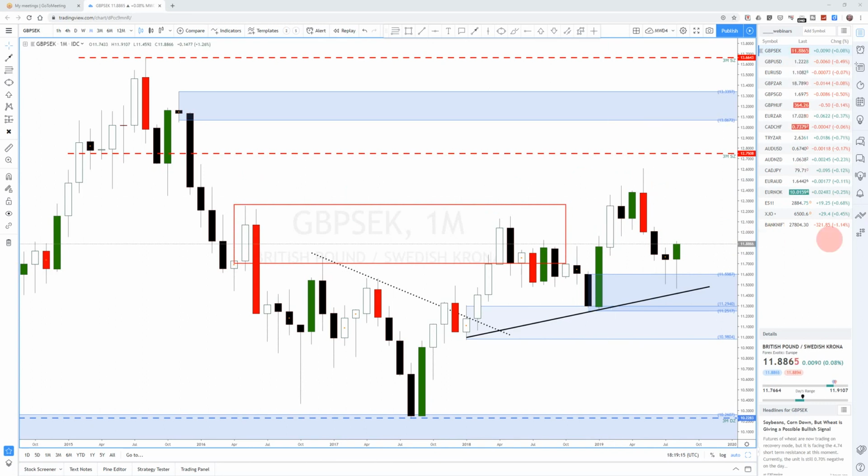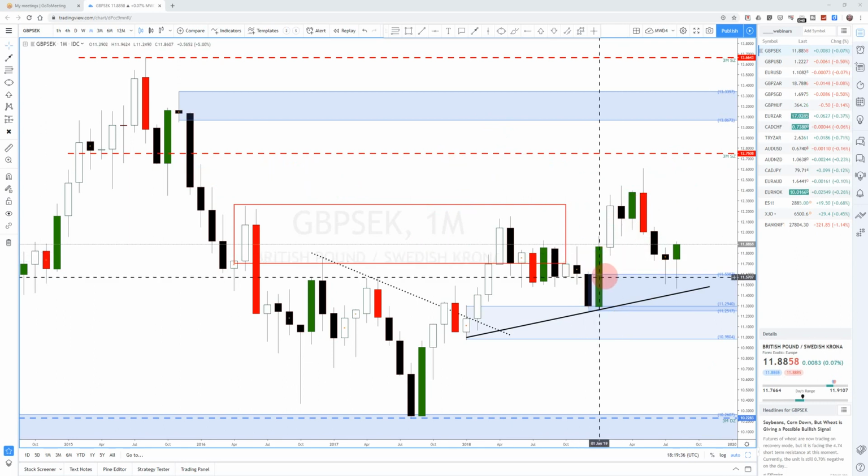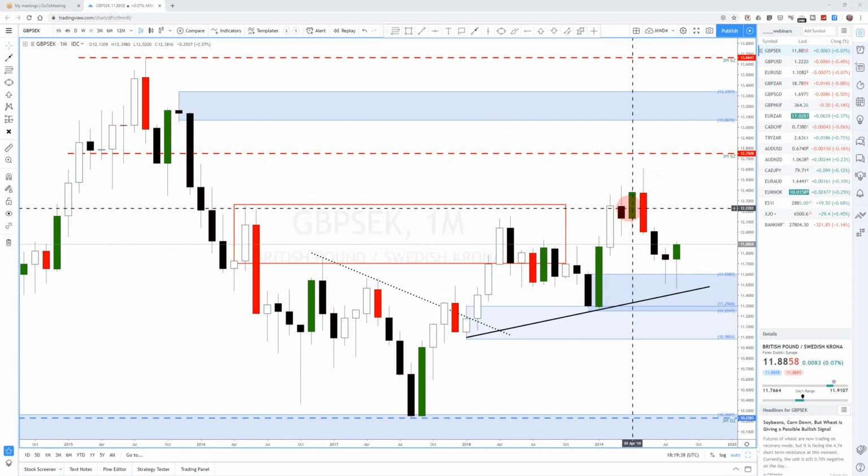Yes, in order to create a new zone, it has to break a trend line or an opposing zone. Opposing zone eliminated, demand created. This one here didn't remove anything on the left, and it didn't break any area or any trend line. So this cannot be an area of demand. This cannot be an imbalance. The imbalance happens down there. And it didn't consolidate away, and lots of things. Okay? Those are the rules.